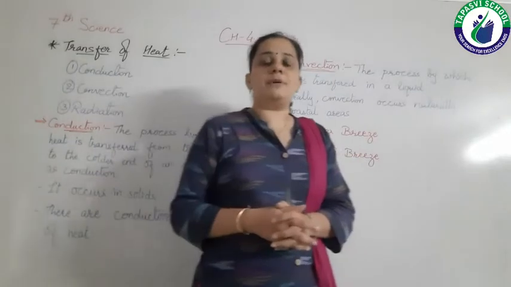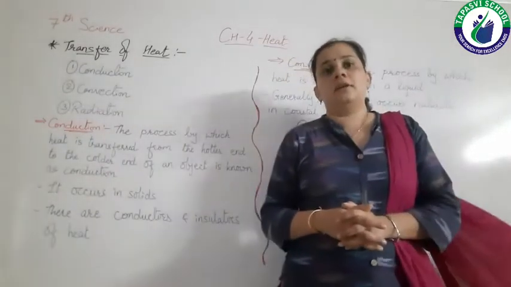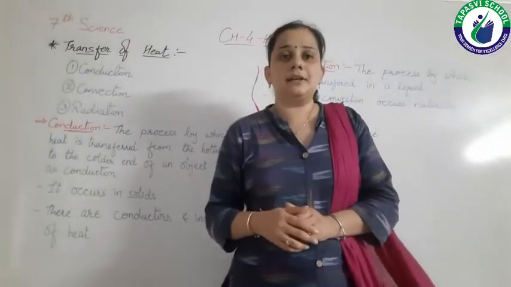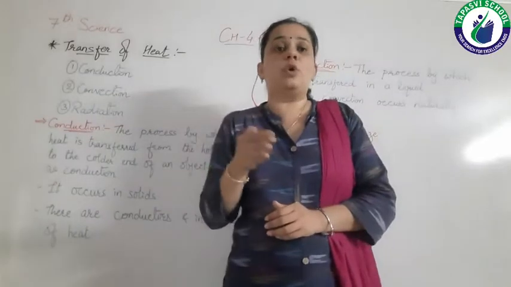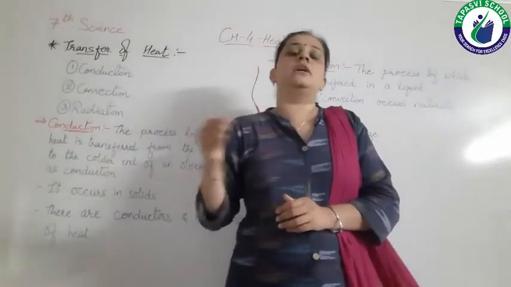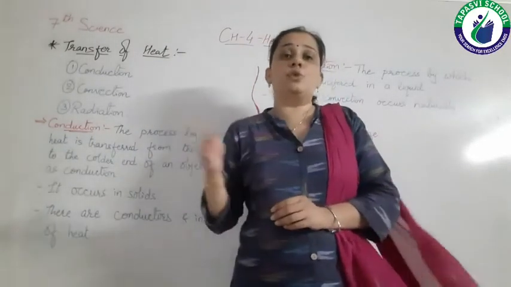What actually happens in conduction? When one molecule of solid gets heat, it vibrates on its own position and it makes the molecule which is near to it vibrate on its own position.